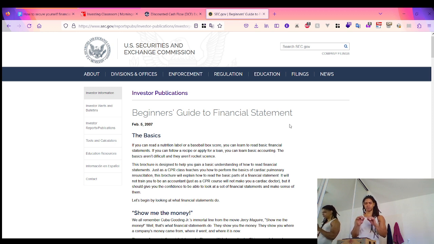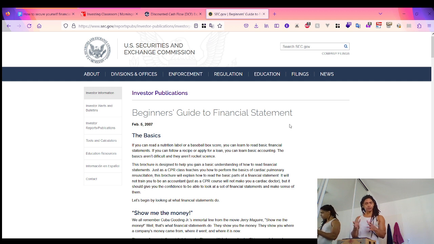But in any case, what I'm doing is looking at this sec.gov section, which is designed to help me gain some basic understanding of how to read financial statements, much like a CPR class teaches you how to perform cardiopulmonary resuscitation.